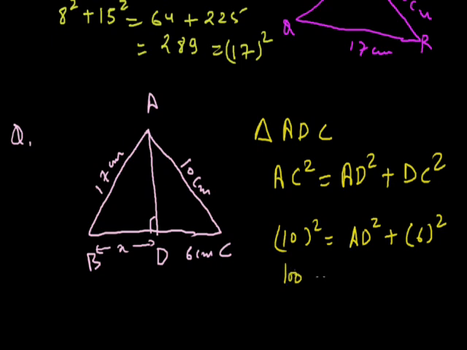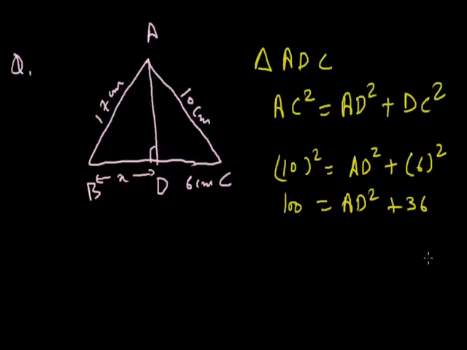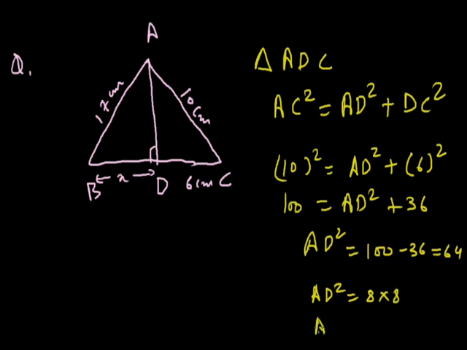So it will be 100 is equals to AD square plus 36. Now AD square will be equals to 100 minus 36, that is equals to 64. So AD square is equals to 8 into 8. So AD will be equals to 8 centimeter. So we have calculated the value of AD, that is 8 centimeter.